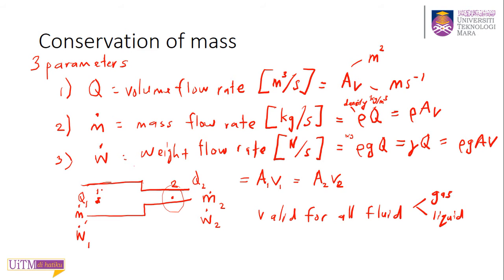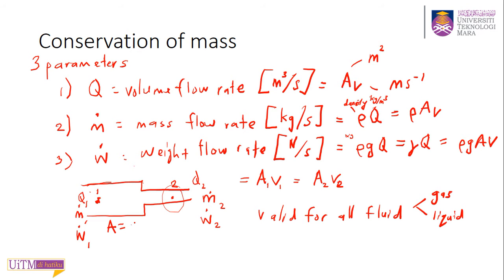How you can find this volume flow rate, mass flow rate or weight flow rate, if you have the problem. They will give you the area for one. Let's see one example so that we can have a clear understanding.